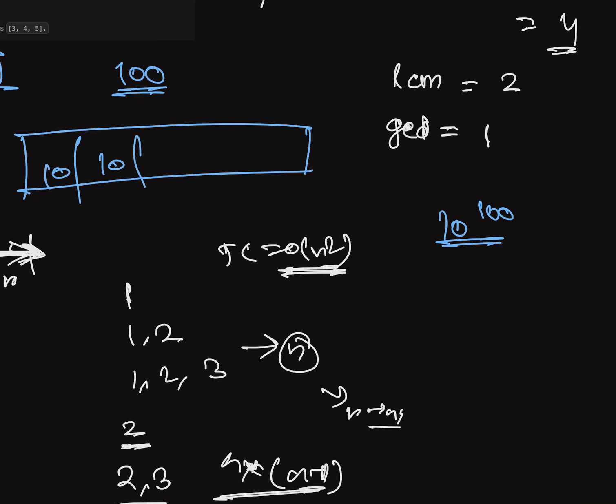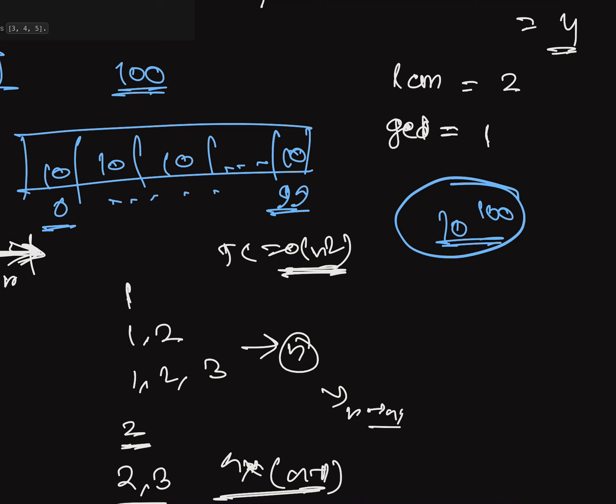Suppose all are maximum and the length is also maximum, so the number of elements present will be 100, from index 0 to 99. So if I take the product, it will be 10 into 10 into 10, 100 times, which is 10 to the power 100. That will give an error, because we can't store such a large value.